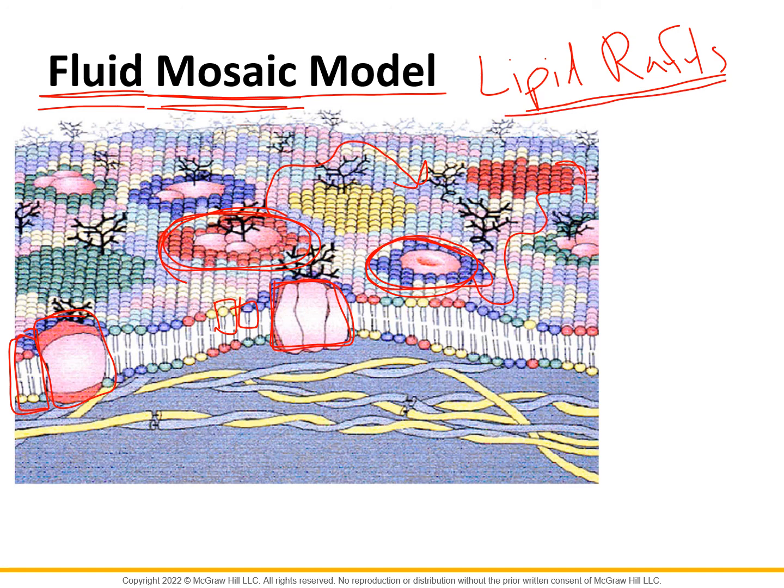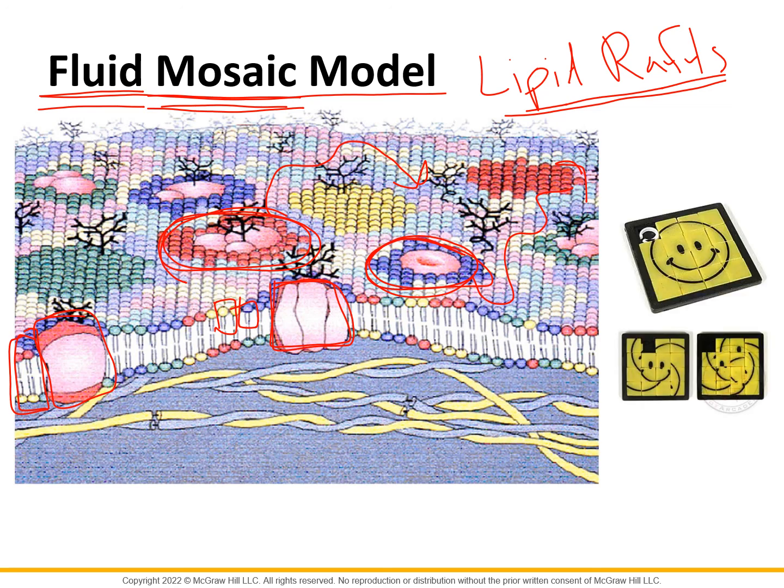And an analogy that I always think of when I think of the fluid mosaic model are these little games you might have had when you were a little kid or went to a fun fair and they passed these out. But it's plastic tiles that are all within one plane, and you're supposed to slide them around. So you slide them around, it mixes up the picture, and then you're supposed to slide them around to get the picture back again.